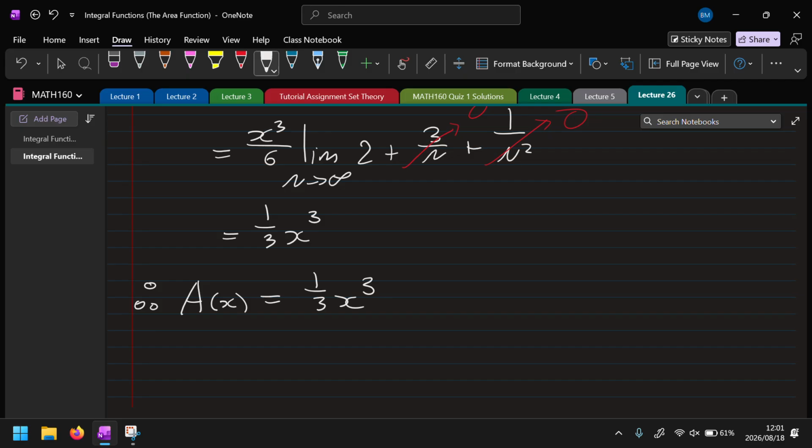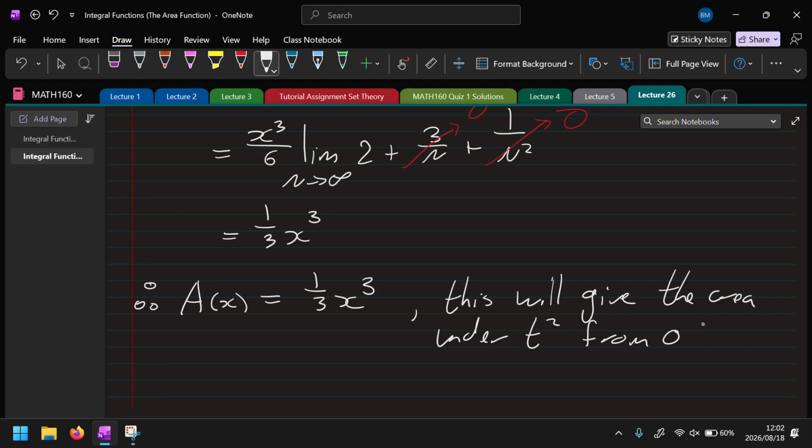So for any value of x, substitute it in, that will give you the area under the curve t squared from 0 to x. All right. Any questions about this example?